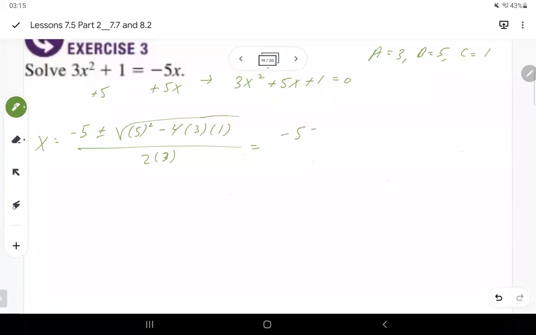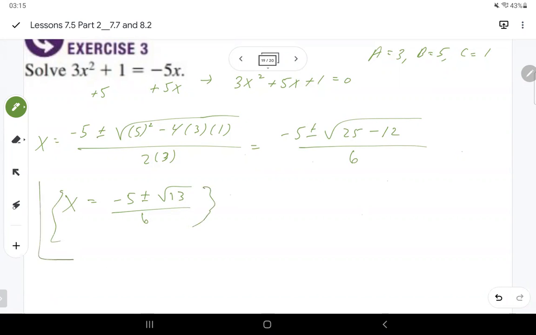This is -5 plus or minus the square root of 25 minus 12, all over 6. x is equal to -5 plus or minus the square root of 13 over 6, and we can't do anything else. So that is your answer here.